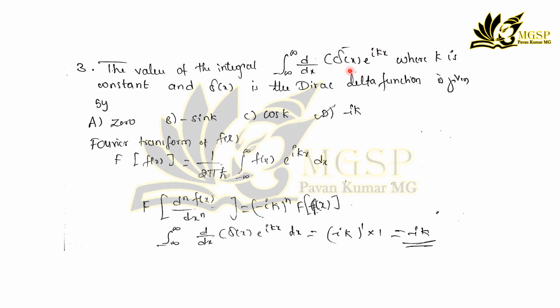Here they have asked only the first order differentiation, so n is 1, and the term will be equal to minus ik times the Fourier term, f of x e power ikx dx.